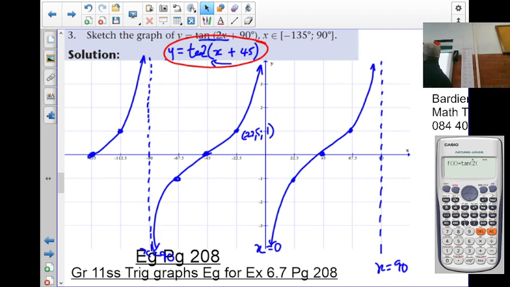So it's 2 into x, which is your alpha here, plus 45 equals, we're going to start at, okay, now we're into fast, so again this is AC, we're going to start at negative 135 and we're going to end off at 90. Steps of negative 22.5.